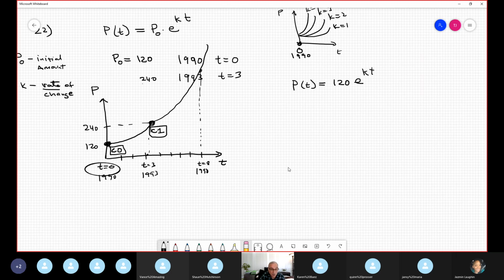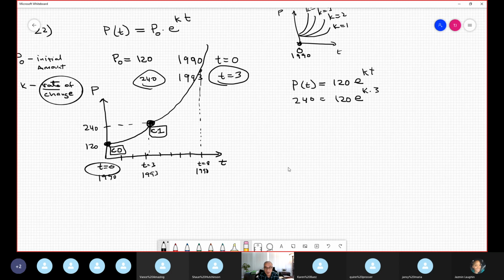I know that it is 240. Remember, this is the population at any time. It is equal to 120 e to the k, I don't know what k is, multiplied by 3, because at t equals 3 years. So the only unknown that we have in this problem is k. This condition 1 is given for finding the k value, which is the rate of change of the exponential.